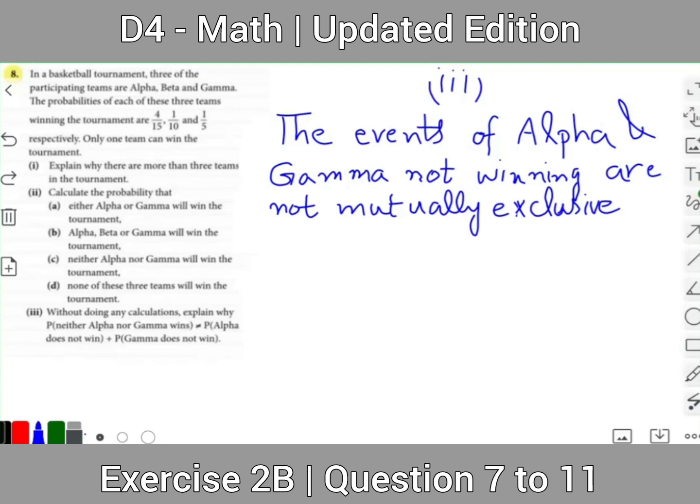Since there will be more than one team that will not win.